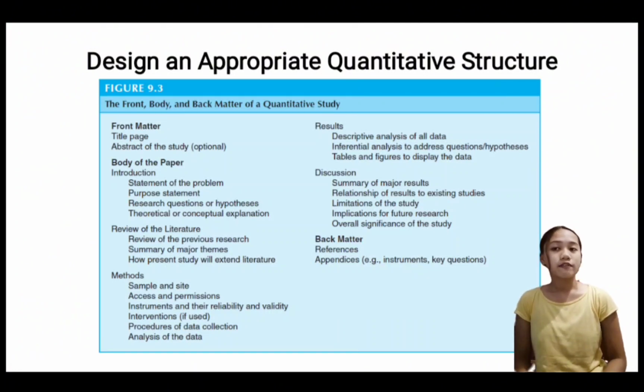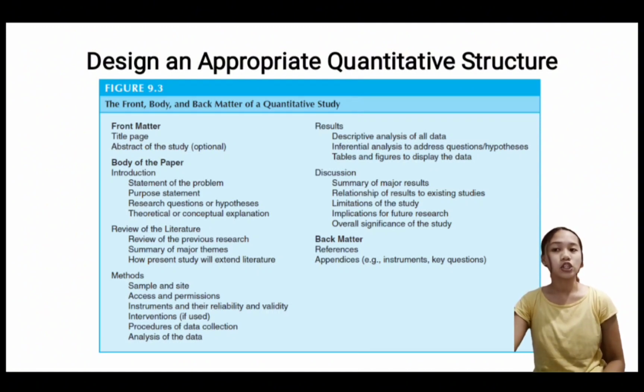Based on the given information, designing an appropriate quantitative structure is different from designing a qualitative one. In quantitative structure, the body of the paper comprises 5 major sections, namely introduction, review of the literature, methods, results, and discussion.